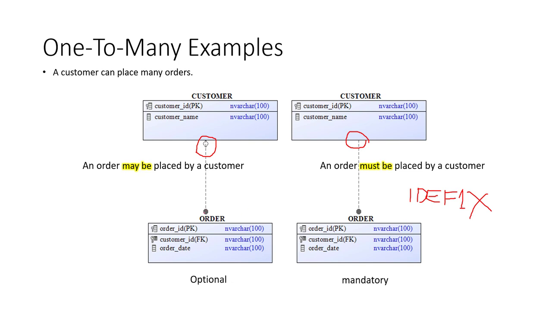In IDEF1X, a solid dot indicates many or more. So if you read this, each customer can place many orders. A particular order may be placed by a customer. And here, each customer can place many orders, but each order must be placed by a customer. So this is how we represent the same set of rules in an IDEF1X model.